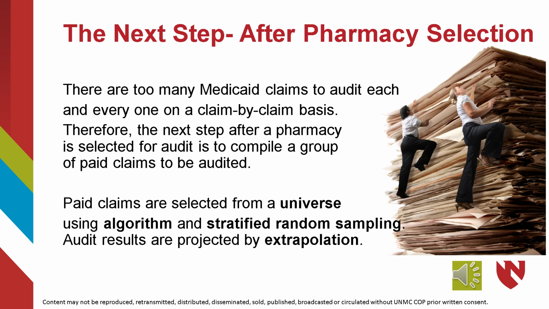So again, we take that universe of claims, and maybe there's 13,000 claims, and we need to make that universe smaller by using an algorithm and a stratified random sampling. We want to make it smaller and more obtainable to be audited, but really have a reflection of that entire claim sampling.